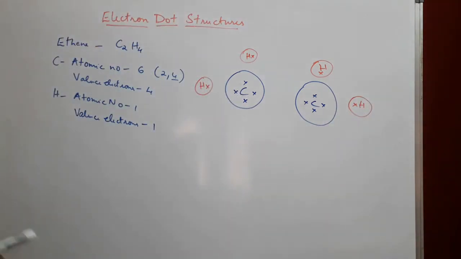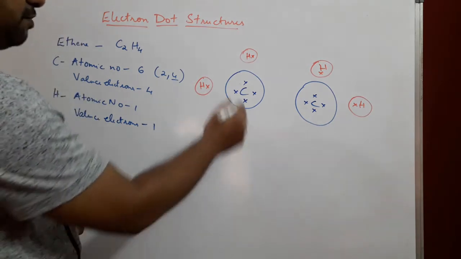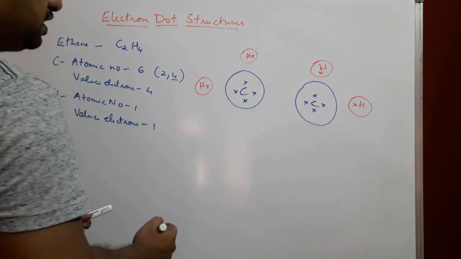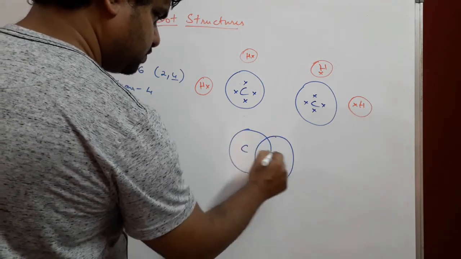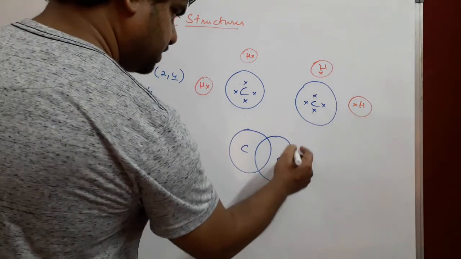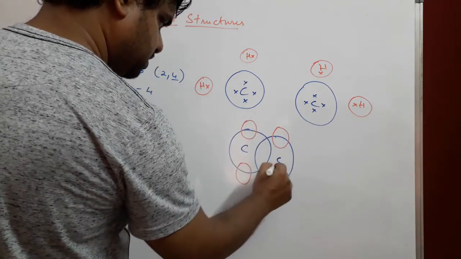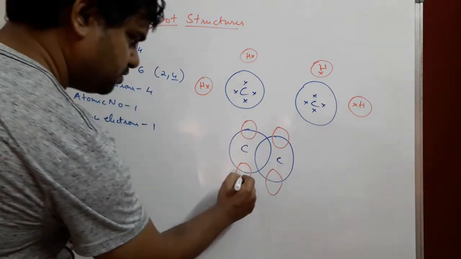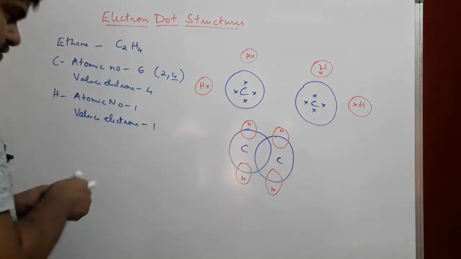Now in case of ethene, sharing between carbon atoms or between the hydrogen atoms occurs differently because there are only 4 hydrogen atoms available. We have a carbon atom which is being shared with another carbon atom. So we mark this over here, and we mark the hydrogen atoms. So we'll mark this over here, 1, 2, 3 and 4. Mark this as hydrogen, hydrogen, hydrogen and hydrogen.